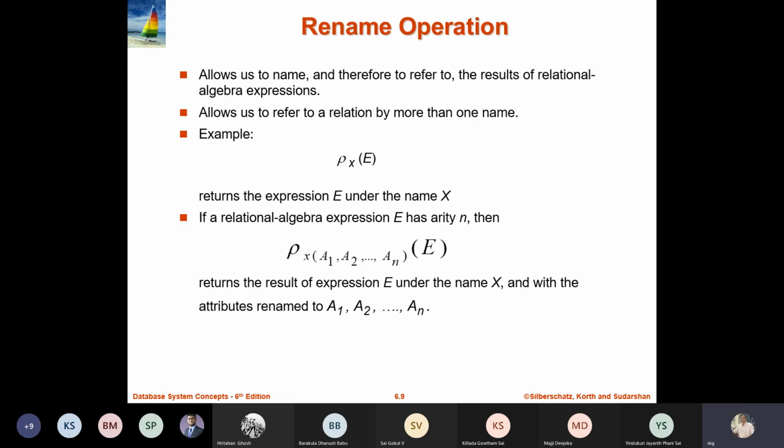There are other operations. The rename operation allows us to rename and thereafter refer to the resulting relational algebra expression. It allows us to refer to a relation by more than one name. So rho x of E returns the expression E under the name x.